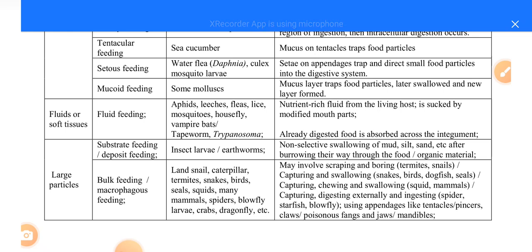Here we have another one we can look at. The nature of food is fluid and soft tissue. Organisms which feed on fluids and soft tissue have fluid feeding as their mechanism. Here we have the aphids, leeches, fleas, lice, mosquitoes, housefly, the vampire bats, the tapeworm, and the trypanosoma.